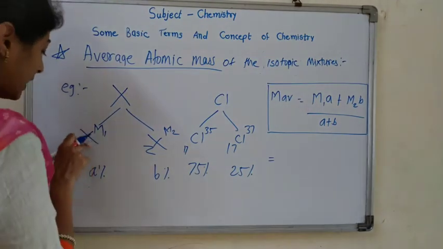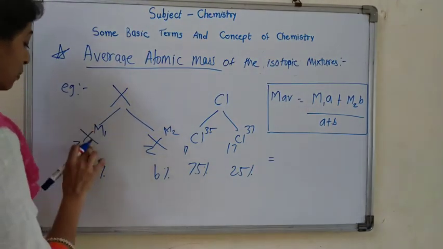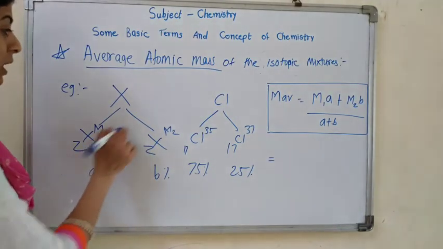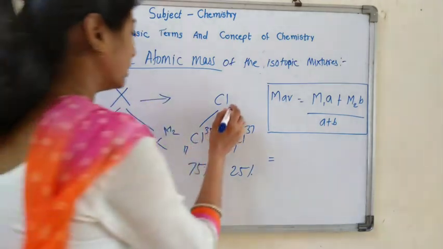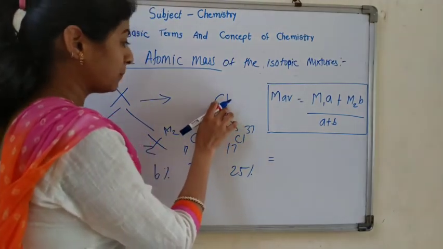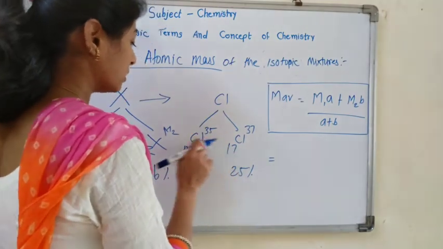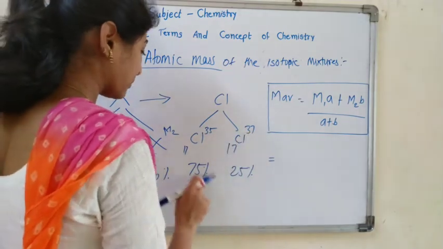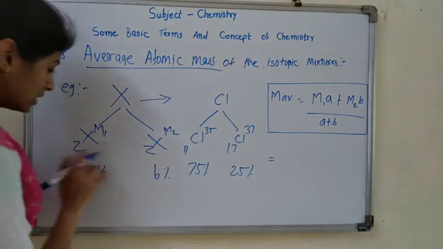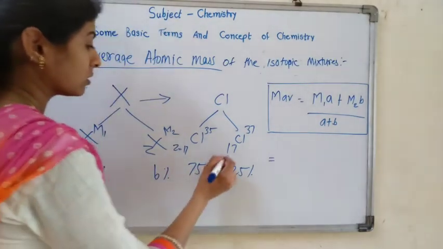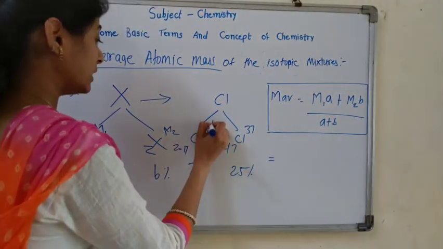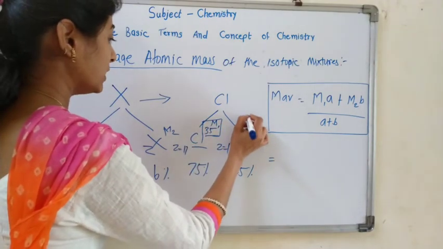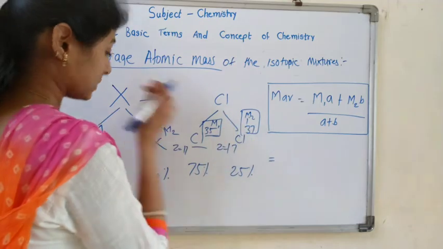Suppose the first isotope exists in A% and the second isotope in B%. Compare this with Cl. This is the element of the periodic table having atomic number 17 and mass numbers 35 and 37. Now let's be clear. Z is the atomic number, M1 is 35 in case of this isotope, and M2 is 37 in case of this.